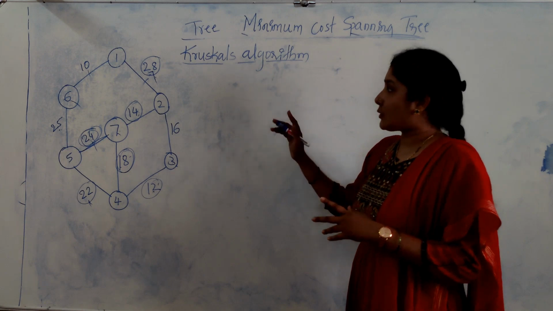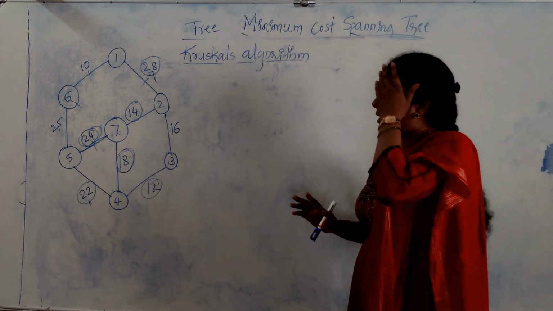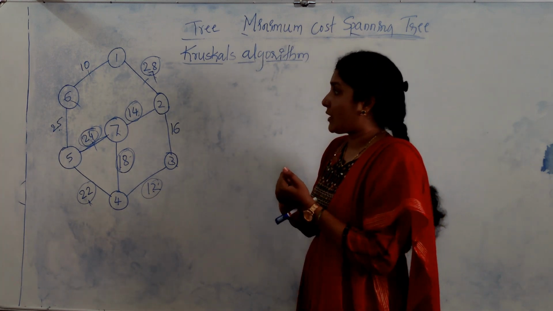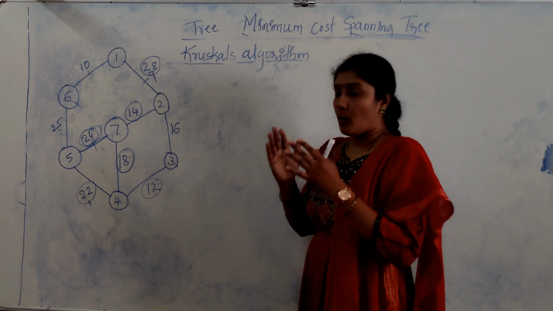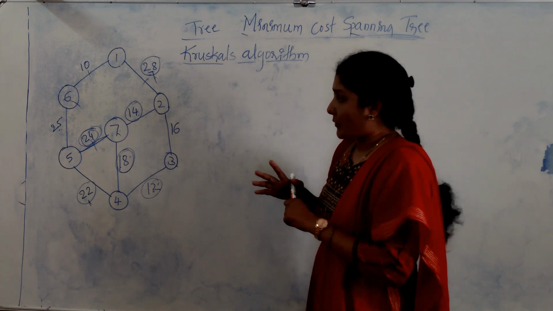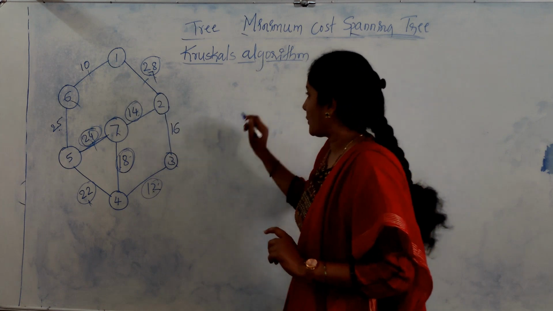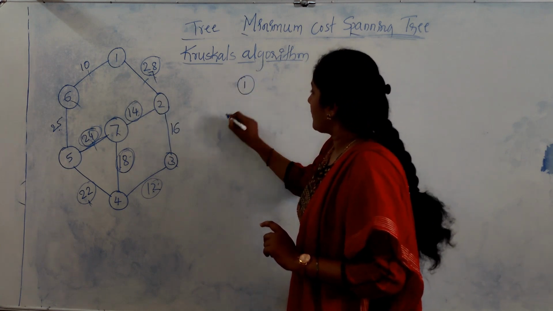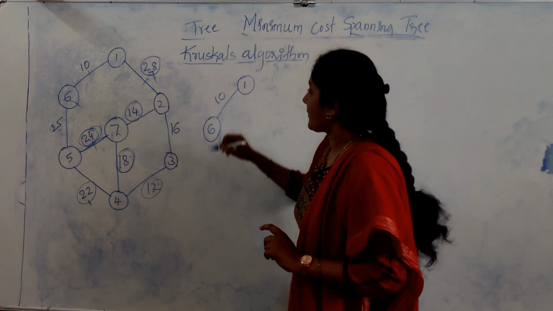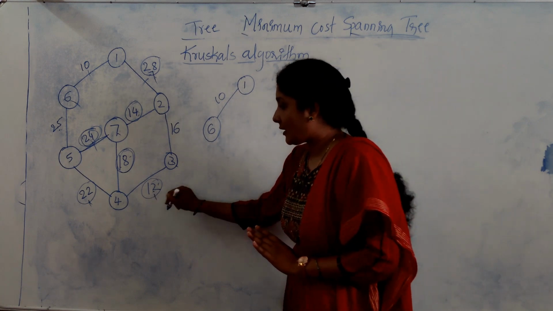This algorithm is also used to find out the minimum cost spanning tree. Okay. See here, the method is quite simple compared to the Prim's algorithm. Here we need to consider only the minimum cost edges. Okay. Now, the first one, the lowest one, that is 10. Consider that one. 1, 2, 6. 10. Next, after 10, which one comes? 12.